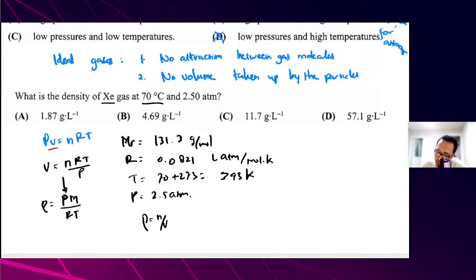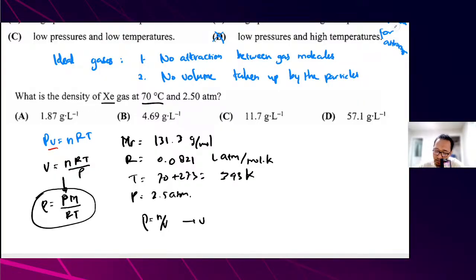If you want to get V, we need to derive it or break it down.